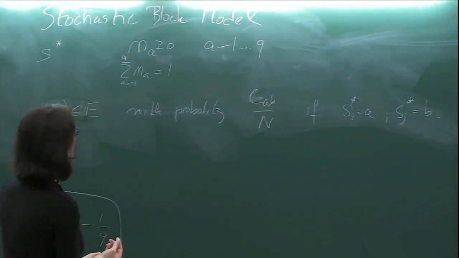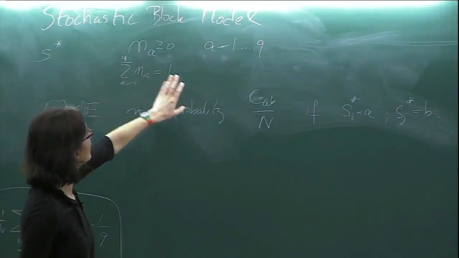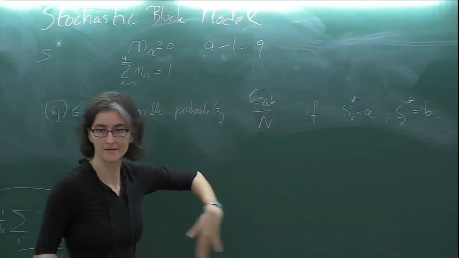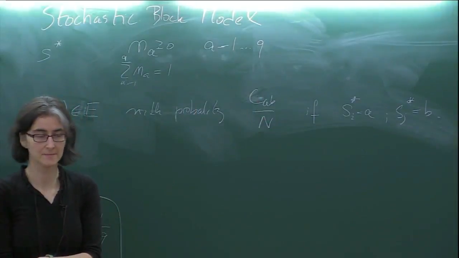Of course, if all these n_A are equal, and if all these c are equal, then we are back with the Erdős–Rényi random graphs.